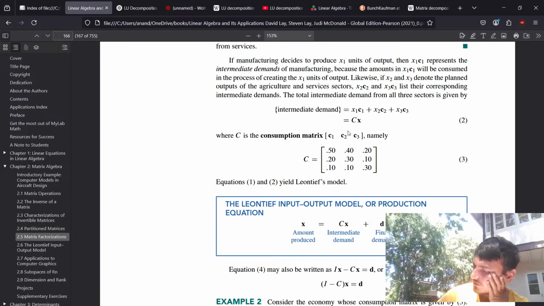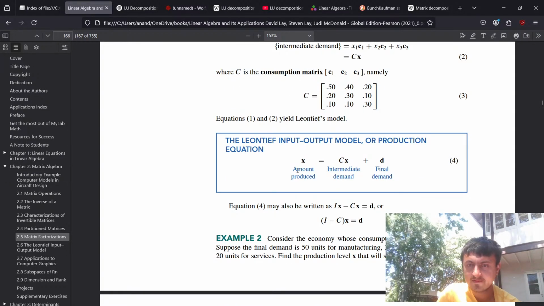So the total amount produced is equal to the intermediate production plus the total demand. You can rewrite this as I minus C times X is equal to D.